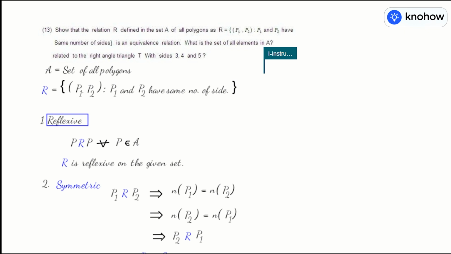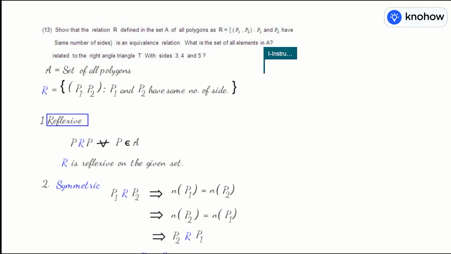Every line L in the given set A is related to itself. Why? Because every line is parallel to itself, or you may take in particular that they are coincident lines. After all, coincident lines are in particular parallel. So for all lines in the given set A, you can conclude that the given relation is reflexive on the set of all lines, that is set A.